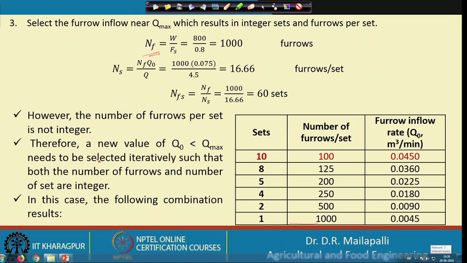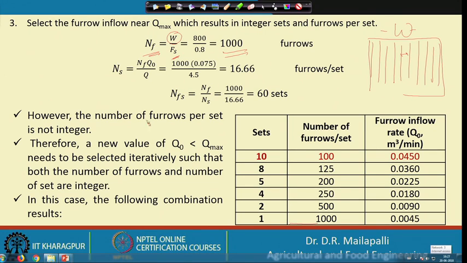The number of furrows is the total width divided by the distance between the two furrows. That will give a total of 1000 furrows for the whole width, right. Width is given and spacing between the two furrows is given.